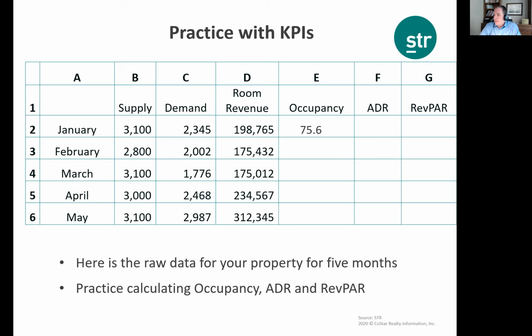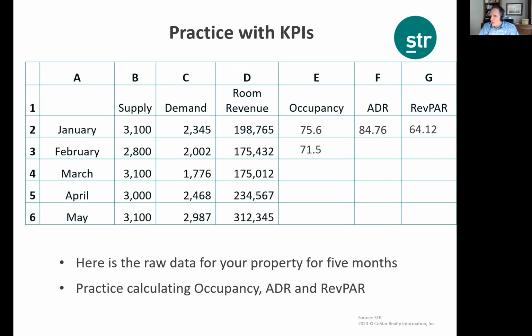Next up, room revenue, 198,765 divided by the demand 2345 is going to give you an ADR of 84.76. Practice, make sure you get that. And in the rest of the PowerPoint, there are other formulas. RevPAR is going to be the room revenue divided by the 3,100.